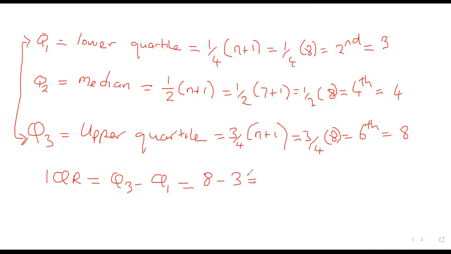So when we subtract 8 minus 3, we get 5. Good. Half of the interquartile range is called the semi-quartile deviation. So when we find half of 5, we get 2.5.